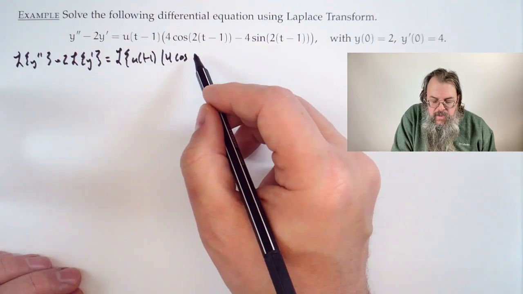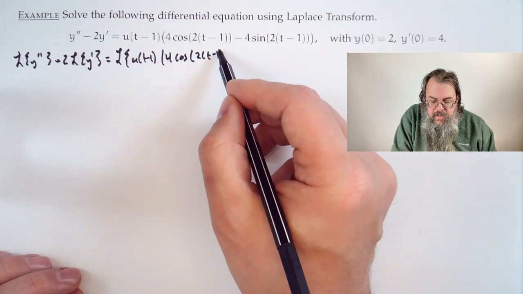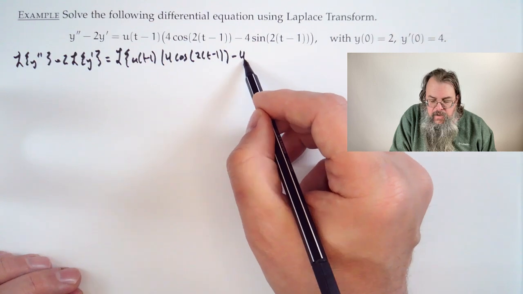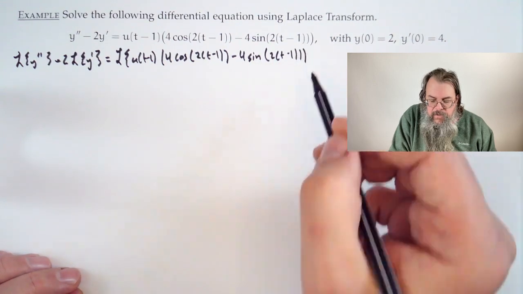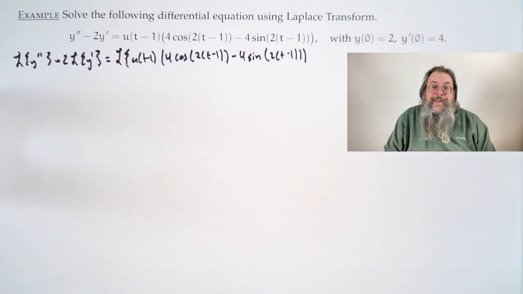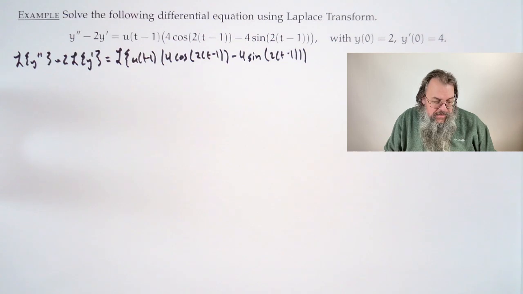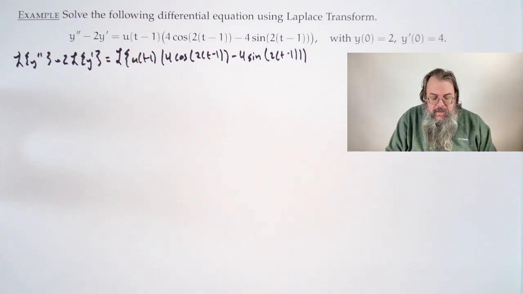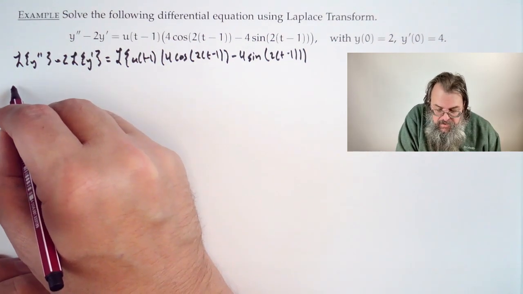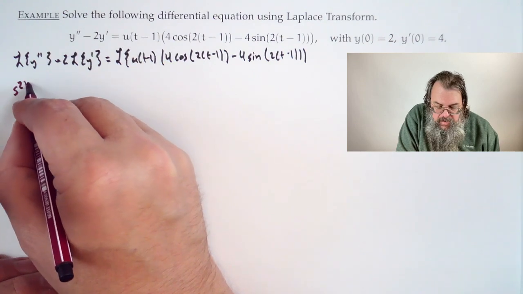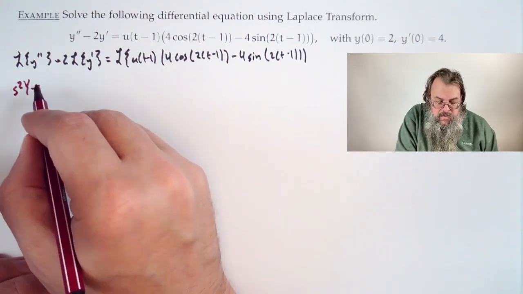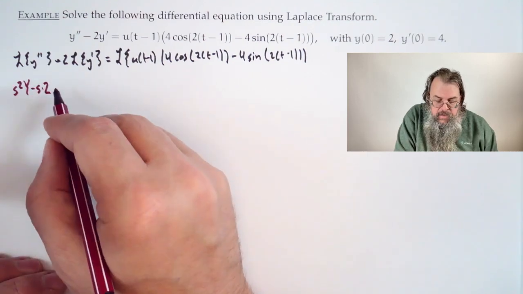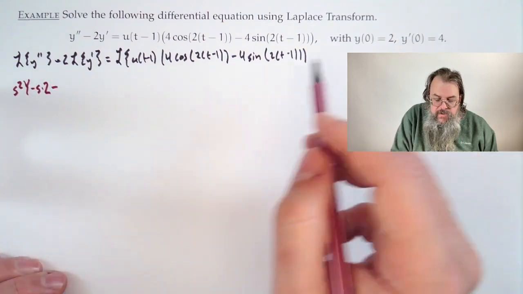All right, well, this will be fun. Okay, that doesn't feel like we did much, but all right. Let's start with the Laplace transform of y double prime. This becomes s squared capital Y minus s times y of 0, so times 2, minus y prime of 0, which is 4.